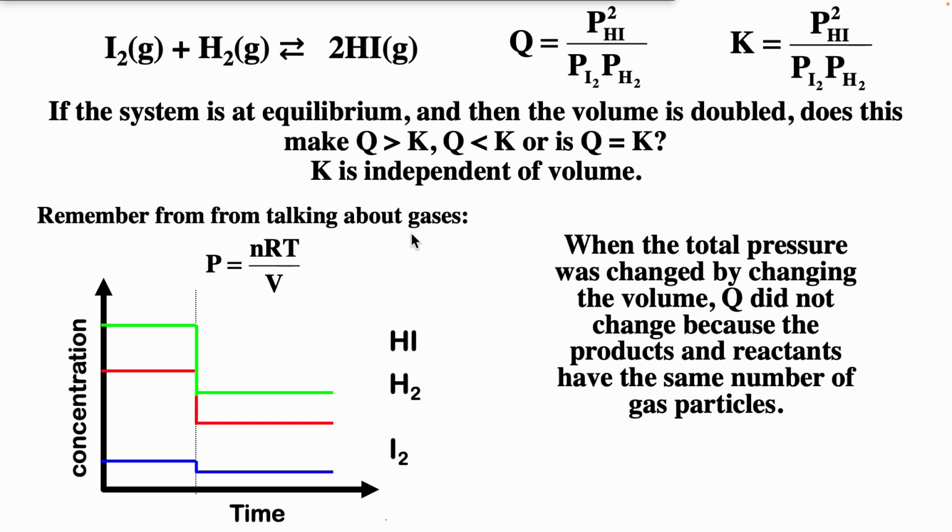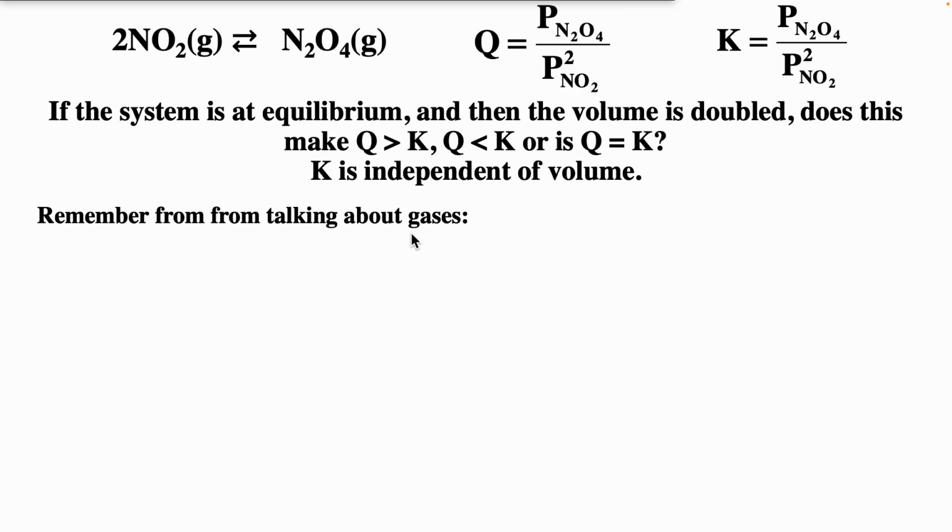And so when the total pressure was changed by changing the volume, Q did not change because the number of gas particles in products and reactants was the same. So here we have a different reaction, 2NO2 going to N2O4. If the system's at equilibrium and then the volume is doubled, does this make Q greater than K, less than K, or equal to K?